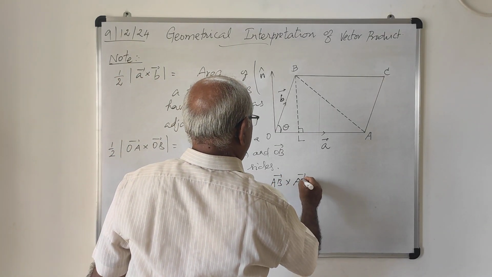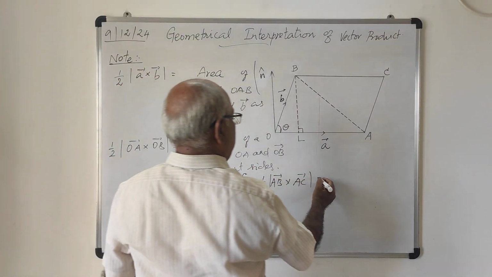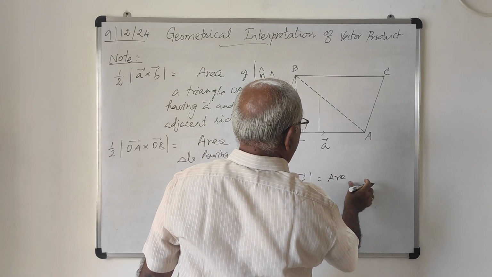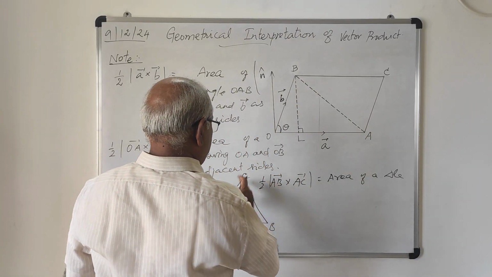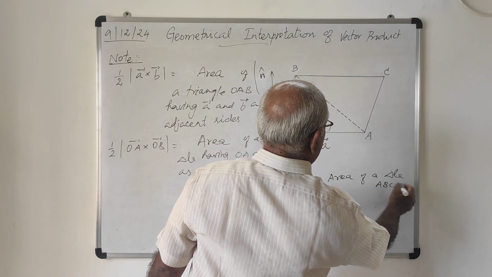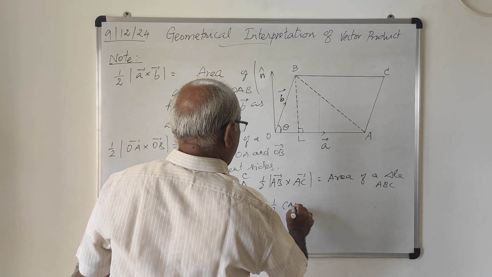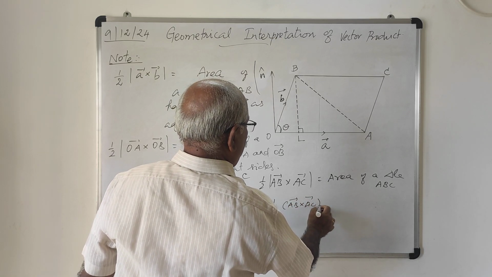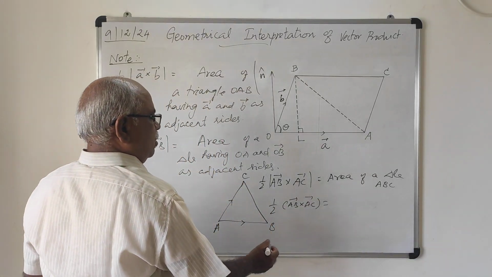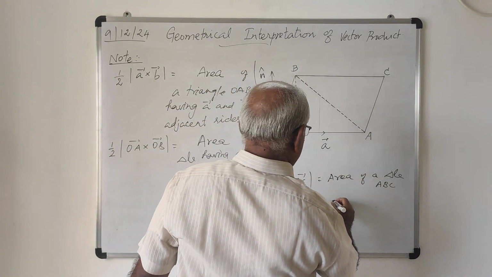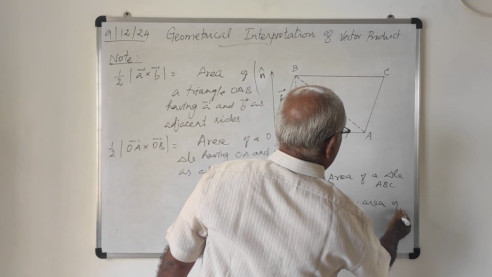Half of mod AB cross AC is the area of a triangle ABC having AB and AC as adjacent sides, whereas half of AB cross AC without modulus is the vector area of triangle ABC.